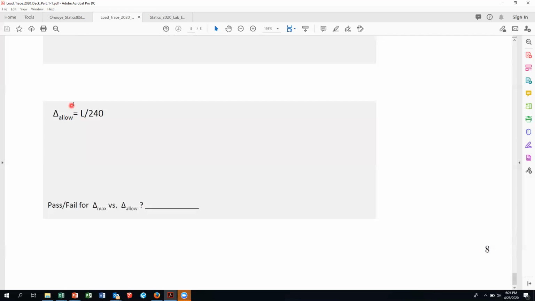Now, the L, the span, has to be in what units? It'd be in feet. Well, it's given in feet on the free body diagram, but deflection is always measured in what units? Units of length, but what units in the English units do we use?